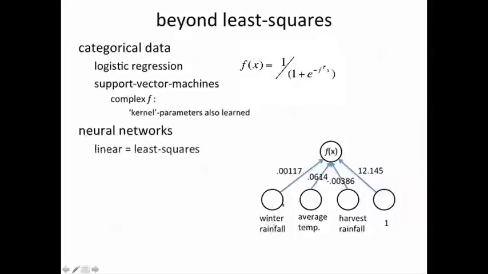You could have a neural network where the inputs to the neurons are the rainfall, the temperature, and the harvest rainfall, and then another neuron which has just one, and the output would be the wine quality. The weights, that is the connections between these neurons, would be learned by a process of iterative refinement, which could essentially be looked upon as a way of solving the least squares problem.